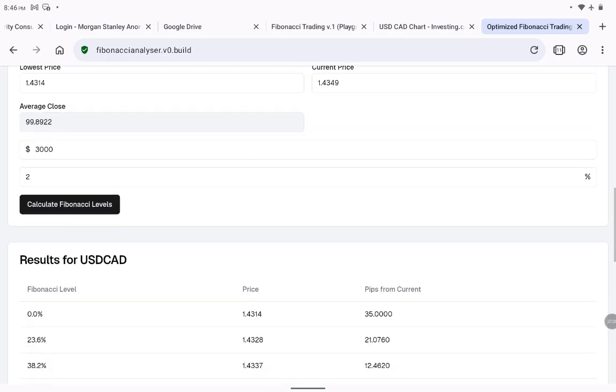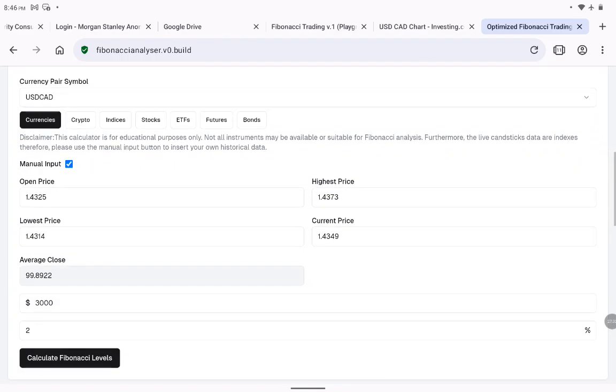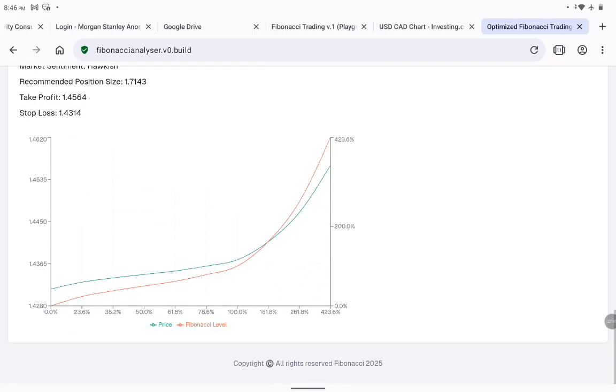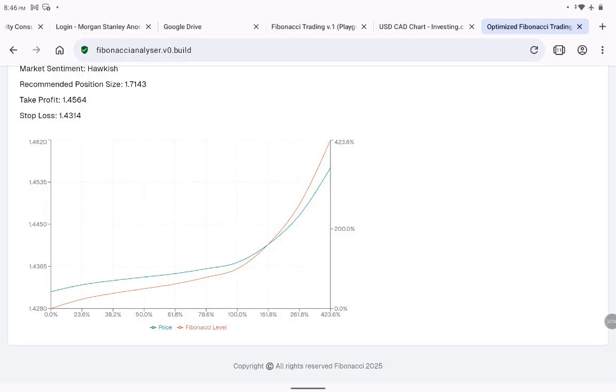Current price 1.4394, and if I go above 78.6, then the Fibonacci level price 1.4432, 1.4373.